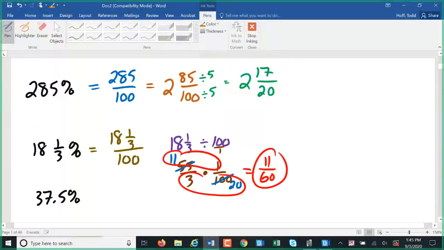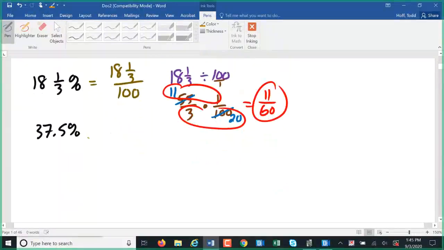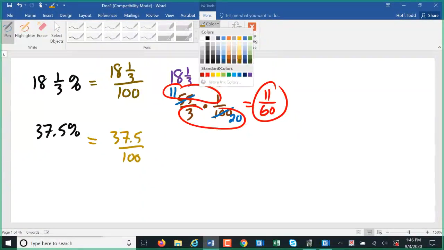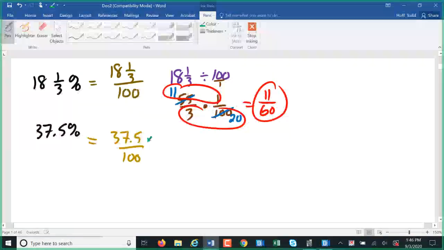And finally, our last one, 37.5%, is again literally 37.5 over 100. We need to get rid of the decimal. There's one decimal place, so we'll multiply by 10. So 37.5 times 10 is 375. 100 times 10 is 1,000.